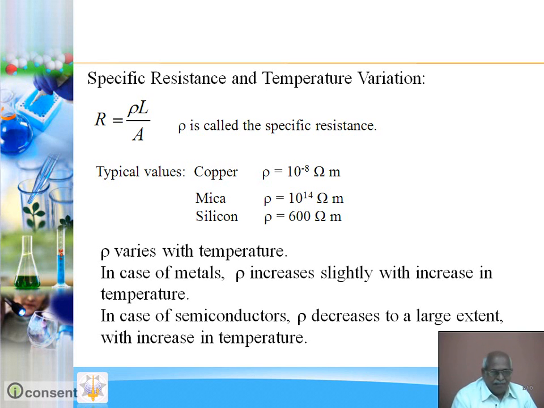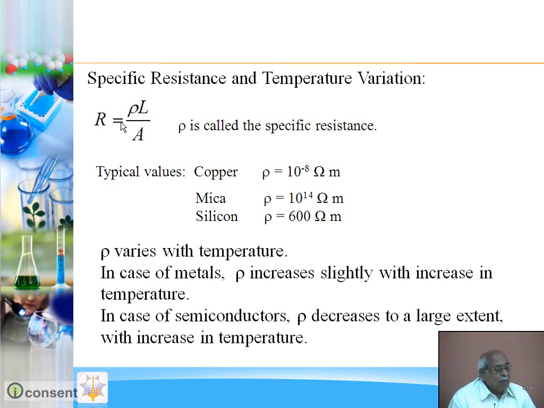After you learn about resistance, your book will give some simple equations. The resistance of a conductor depends upon length, directly proportional to length. It is inversely proportional to area of cross section. And so we have this simple equation for resistance of a conductor.